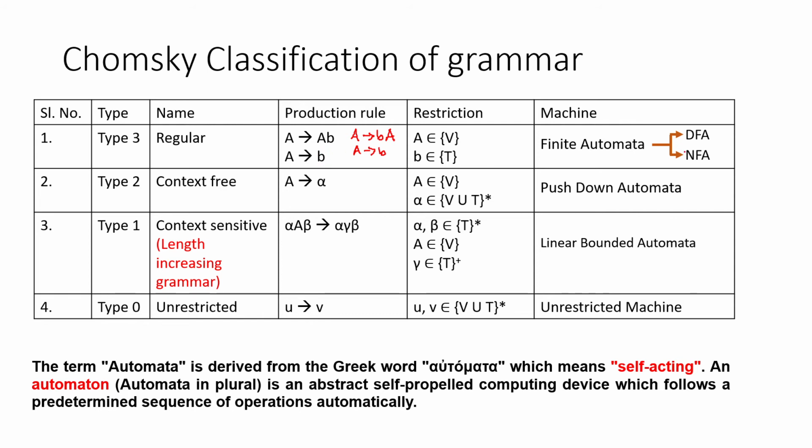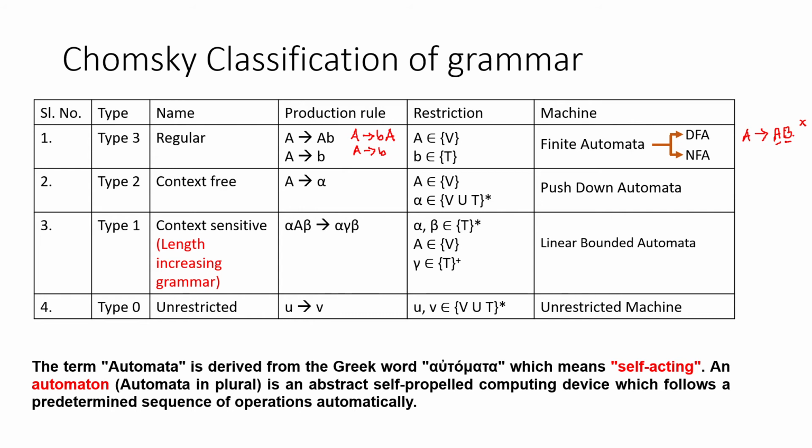If I ask you whether A rewritten as AB is a valid production rule of a regular language, the answer is no. Why? Because I have two non-terminals side by side in a production rule, which is not possible. I can have only one non-terminal in the RHS, which may be accompanied by some terminals.